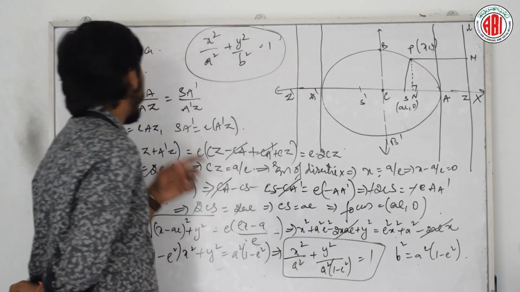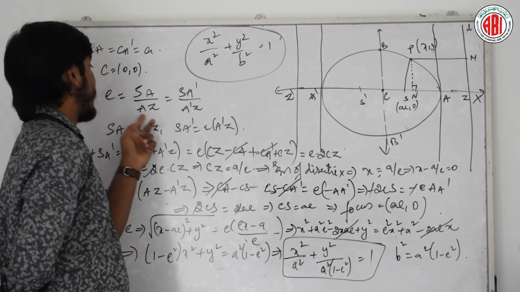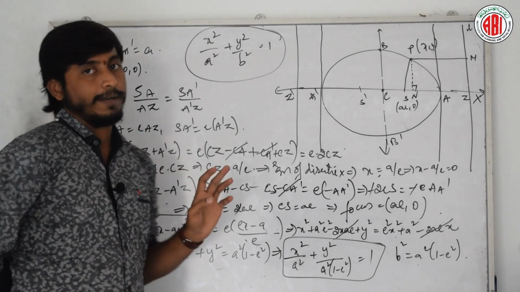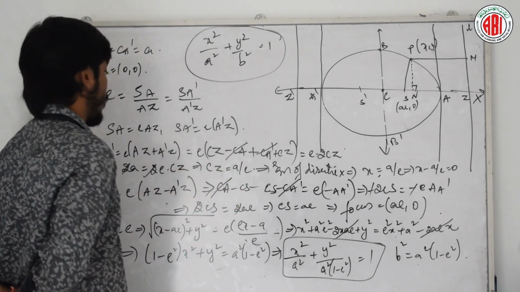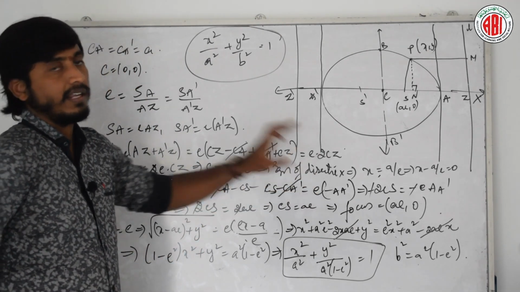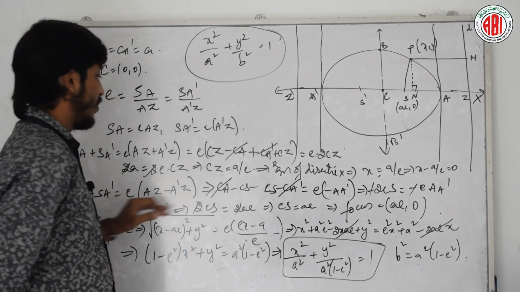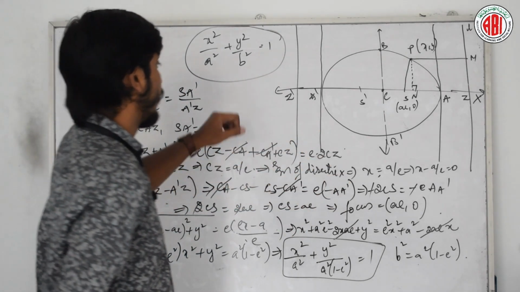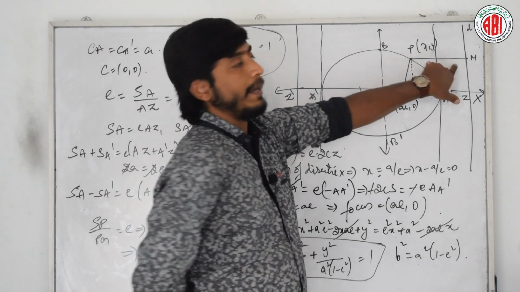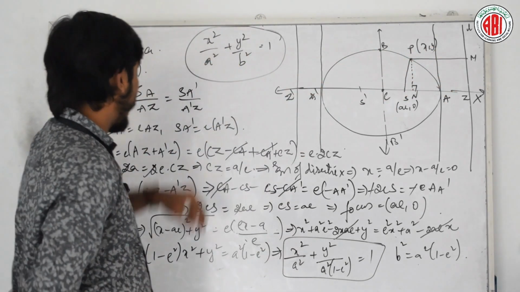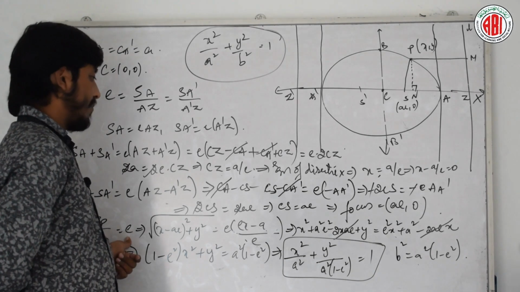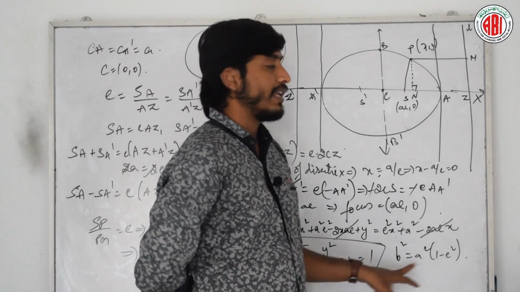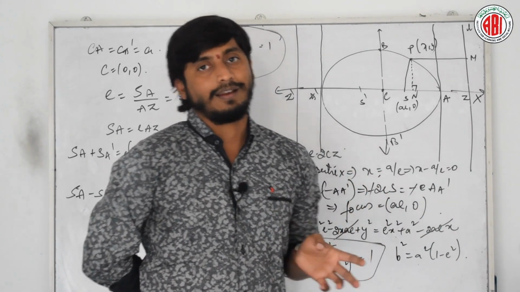So first we will write SA as E into A dash Z, SA dash as E into A dash Z. Then we will add those both, simplify, and we will get the equation of the directrix. If I subtract these both, we will get the point of the focus. Using those two, we will find SP by PM, which is nothing but E, and we will simplify in order to get this form where B square is A square into 1 minus E square.